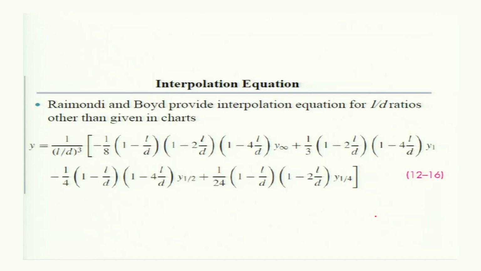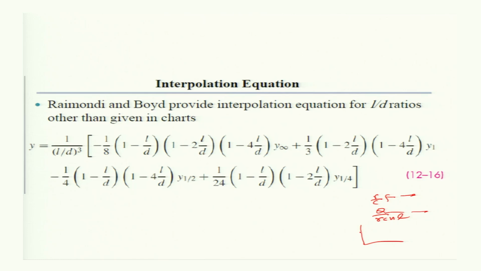There is an interpolation formula for Raimondi and Boyd, knowing the L by D value and knowing the value of the parameter, that parameter may be RC by F, or it may be Q divided by RCNL, or any variable which is given on the y axis of the Raimondi and Boyd charts.